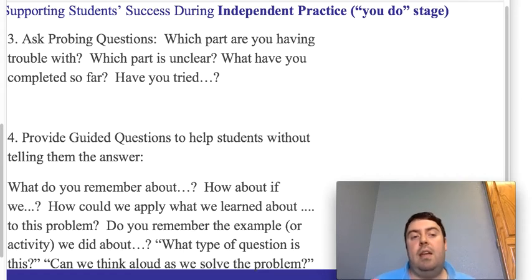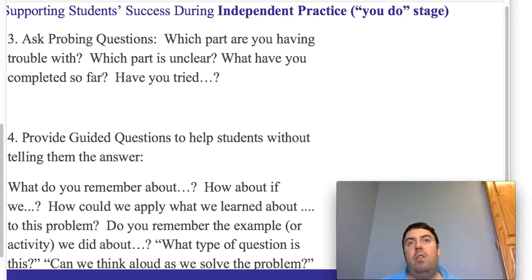Finally, if students can't answer the question with the probing questions, then provide them guided questions to really get them to the point. But once again, you don't want to straightforwardly tell them the answer. You want to get them to get there on their own. So guided questions might be, how about if we try this? Or do you remember this example?